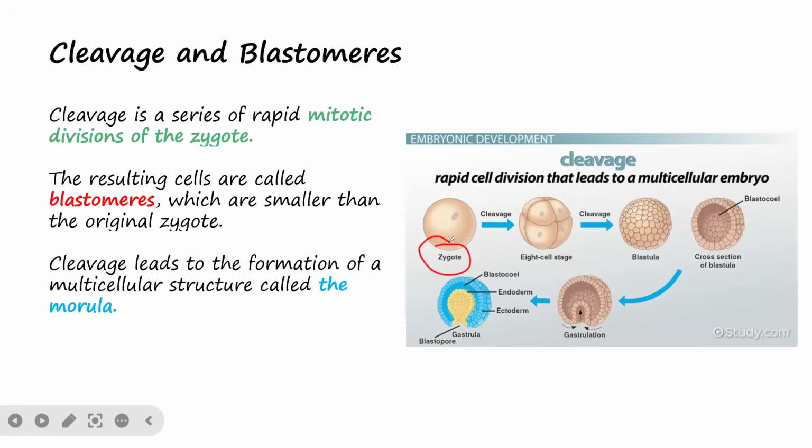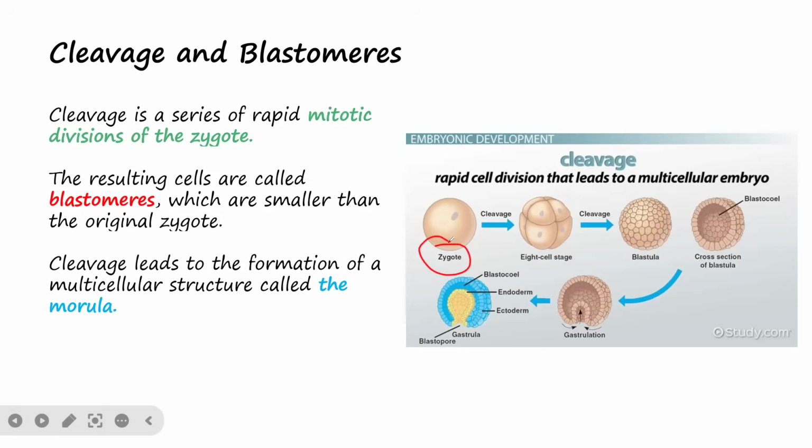And then from the blastula, it will lead to the formation of cross sections of the blastula, and in the next step, gastrulation occurs. After gastrulation is the invagination of the embryo, which subsequently leads to the generation of three germ layers: ectoderm, endoderm, and mesoderm.